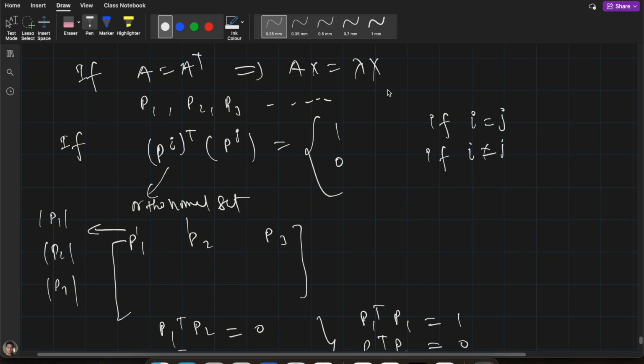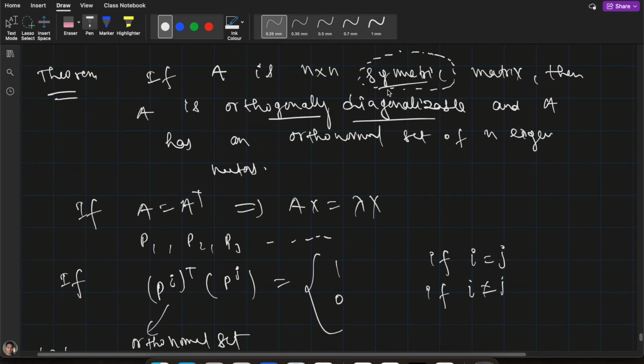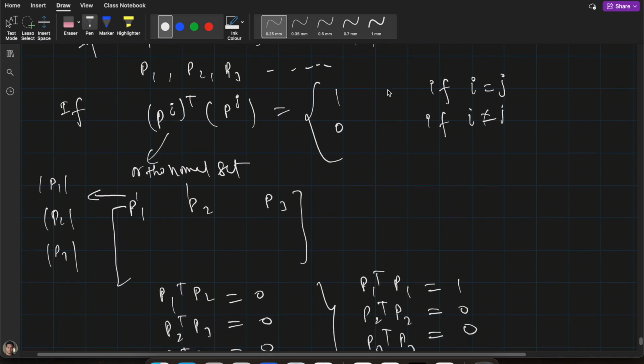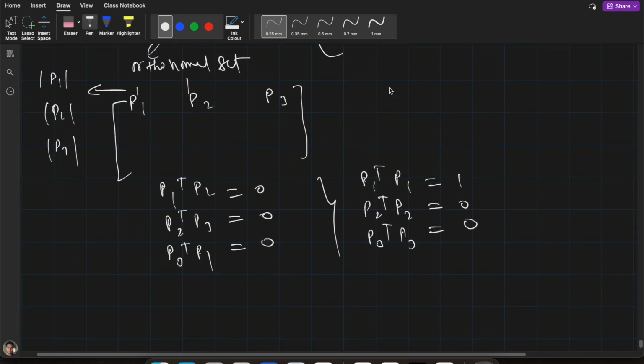Yes, sir. So if that is 0, then that is not an orthonormal set. But if matrix A is symmetric, then those eigenvector sets will always be orthonormal.